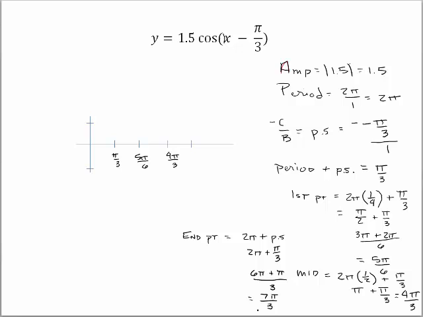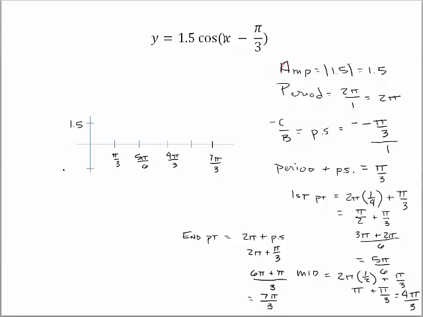That is our end point. So let's put that in. Let's see, that would be this one. 7 pi over 3. Let's put our amplitude in.